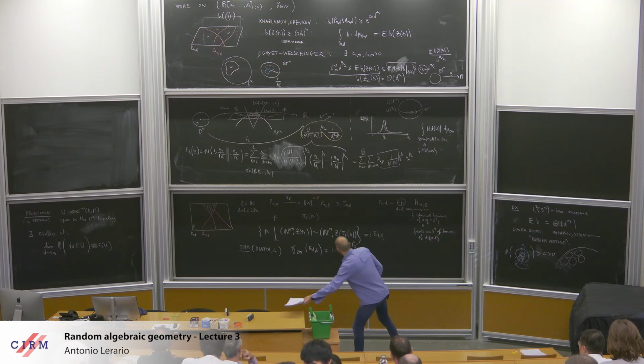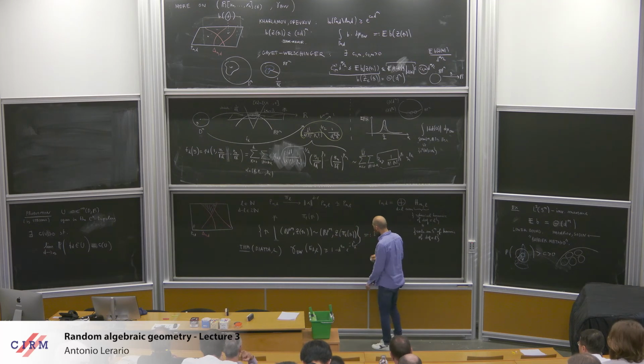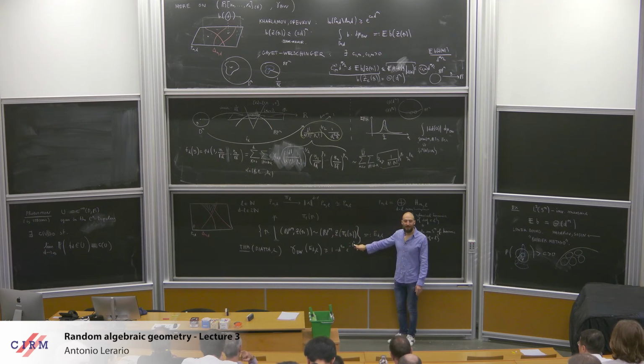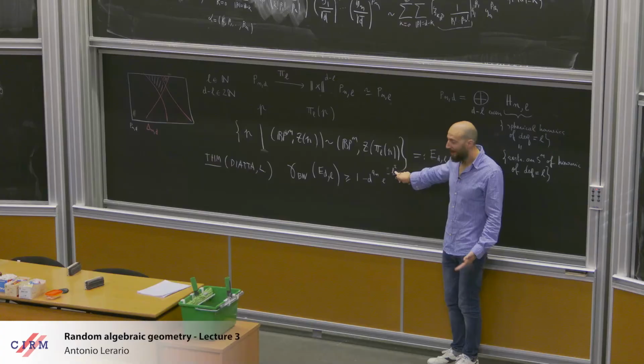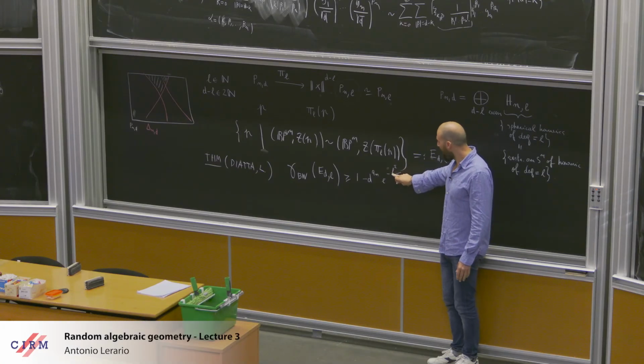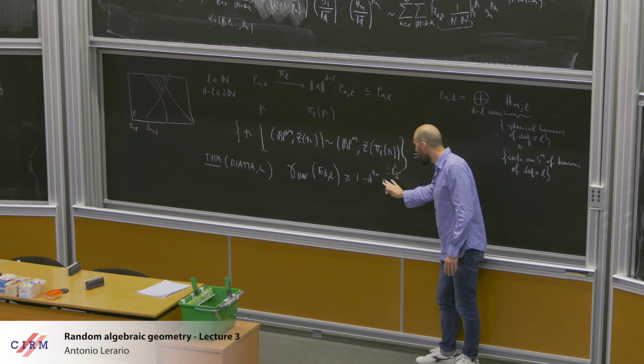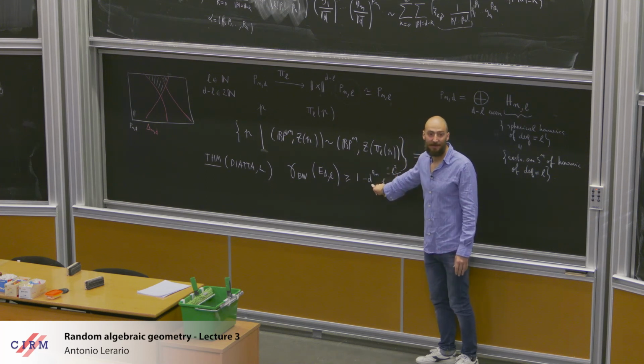So you see, if L is too small, it doesn't say much, right? But if L starts being close to d, this exponential part beats the polynomial part.